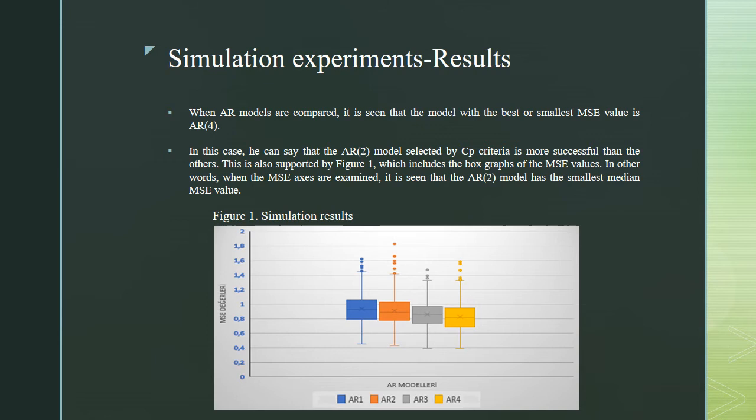This is also supported by Figure 1, which includes the box plots of the mean square error values. In other words, when the mean square errors are examined, it is seen that the AR2 model has the smallest median mean square error value.